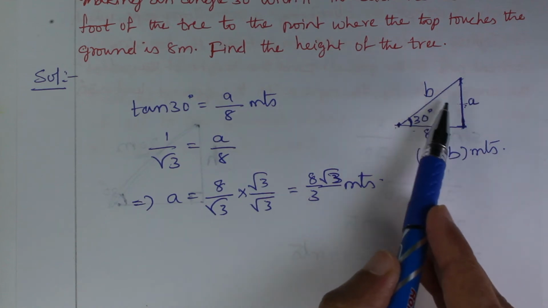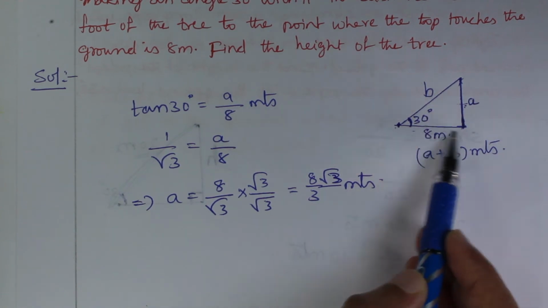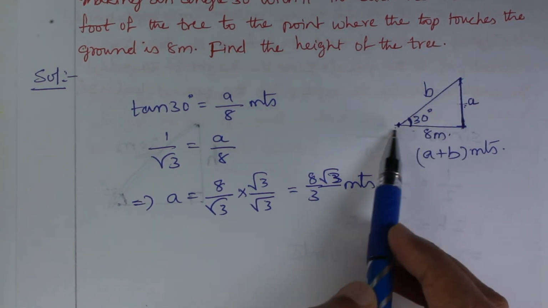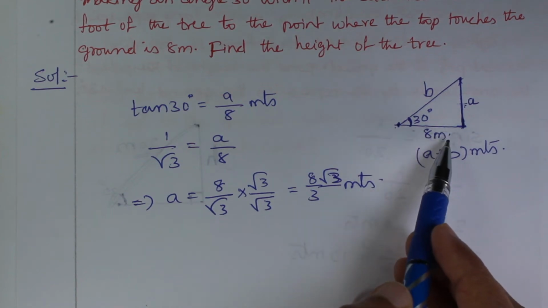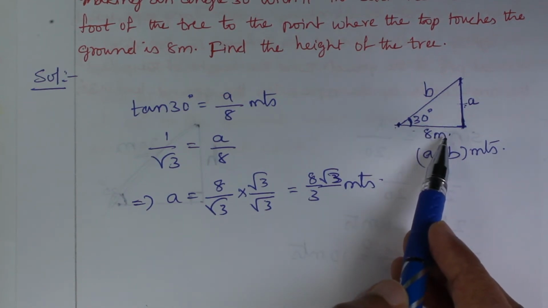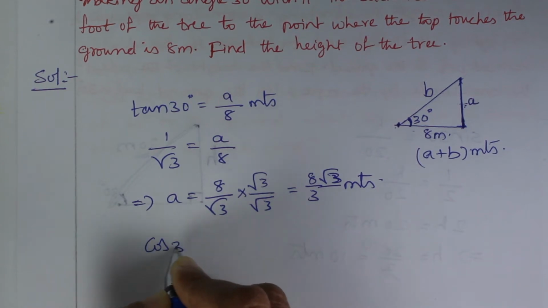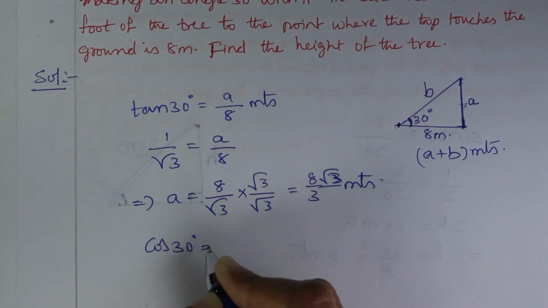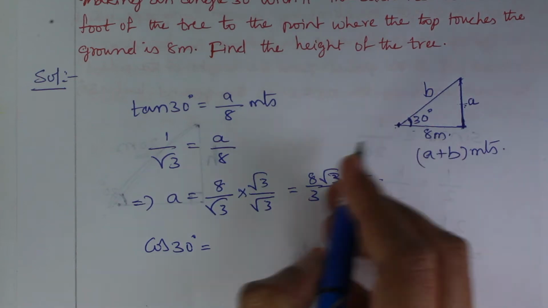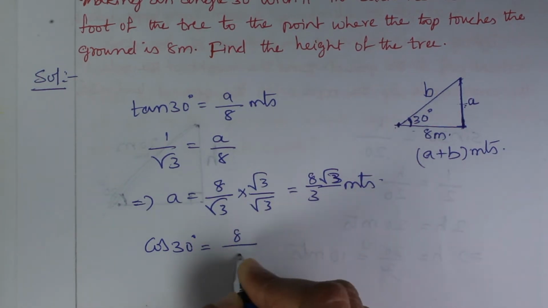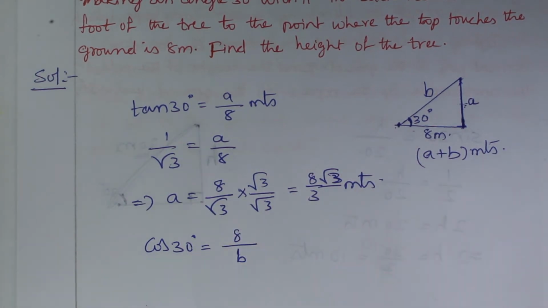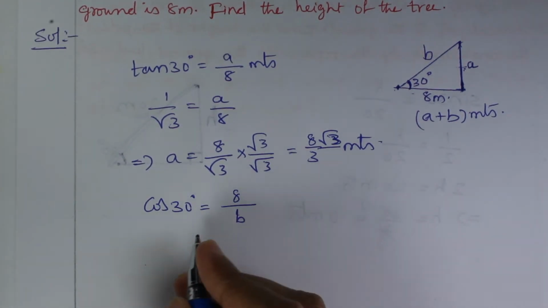Here we are dealing with the adjacent side and hypotenuse. So what is the ratio we can use for adjacent side and hypotenuse? Cos, right? Cos of an angle is equal to adjacent side by hypotenuse. So cos 30 degrees is equal to adjacent side, 8, divided by hypotenuse, B. Cos 30 degrees is equal to root 3 by 2.